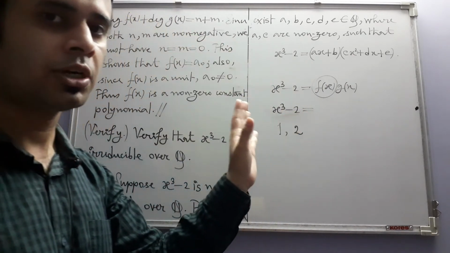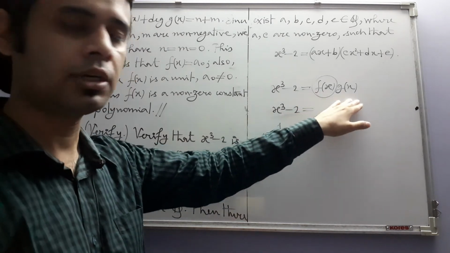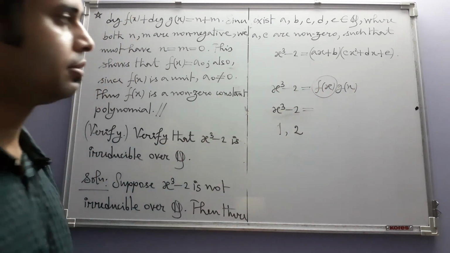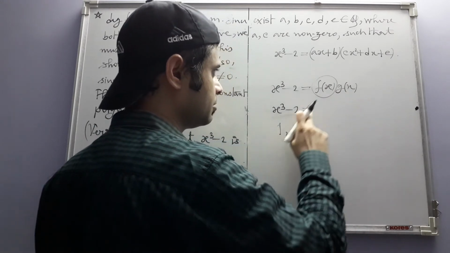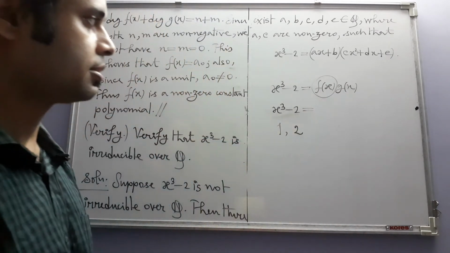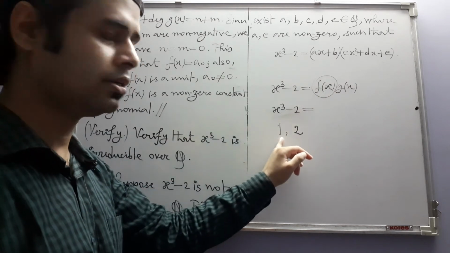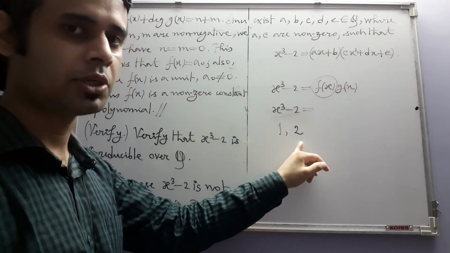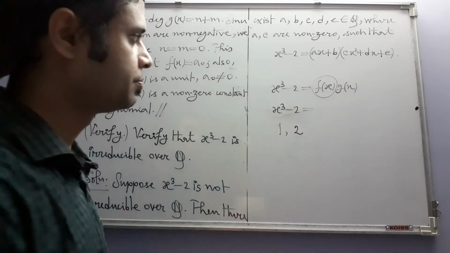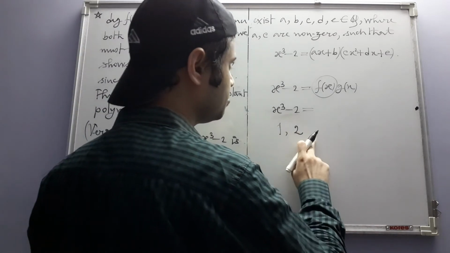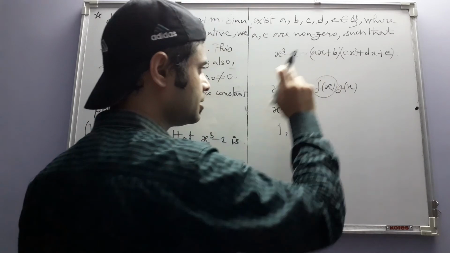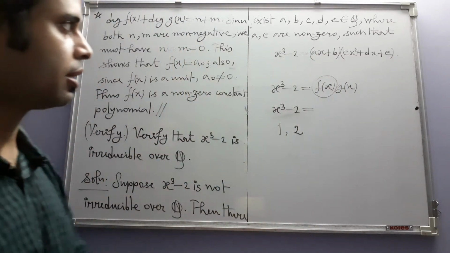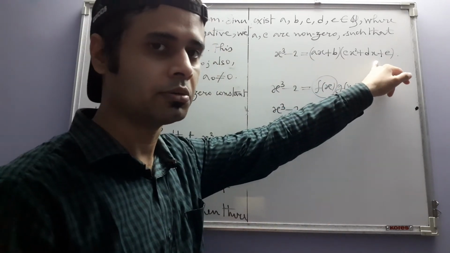But that's what we are saying, this factorization is not one like that. Here none of them is constant, so the only possibility is that one of them must have degree 1 and the other one must have degree 2. So we assume this is the degree 1 polynomial and this is the degree 2 polynomial.